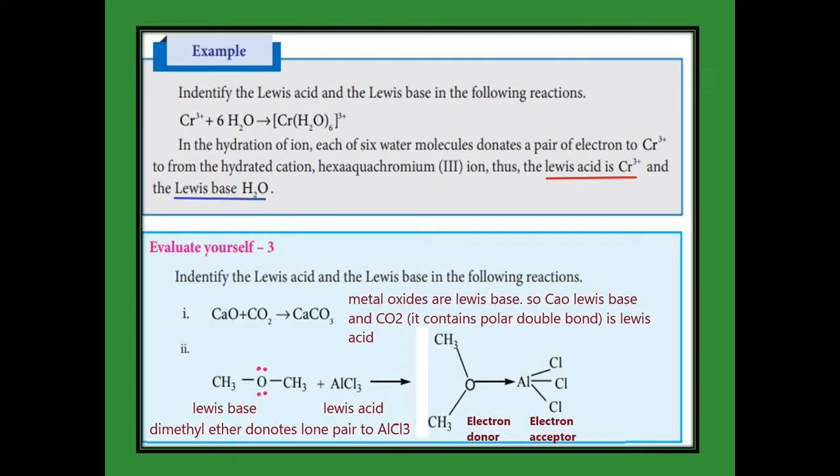So here the dimethyl ether acts as a donor, and aluminum trichloride acts as an electron acceptor. Between these two molecules we have one arrow mark. That arrow mark is called a coordinate covalent bond. The coordinate covalent bond is formed between the electron donor and the acceptor.